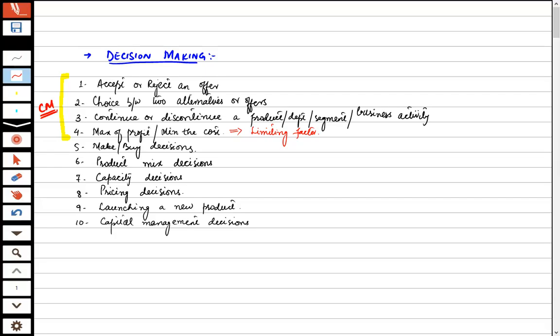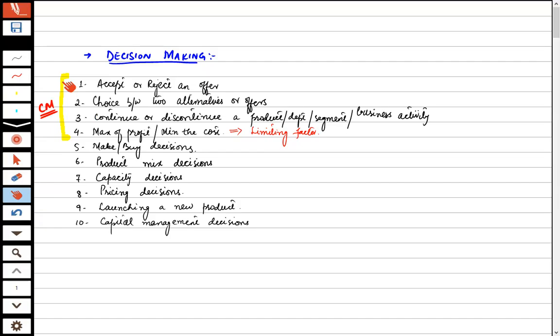Therefore, the major thing is that we have to see the CM. If we want to decide about continuing or discontinuing, and we see that one product is not contributing enough CM, then we can decide to discontinue it. Even if one product is having a loss, but it is contributing well towards CM, then we can continue it. So these decisions are taken on the basis of CM.